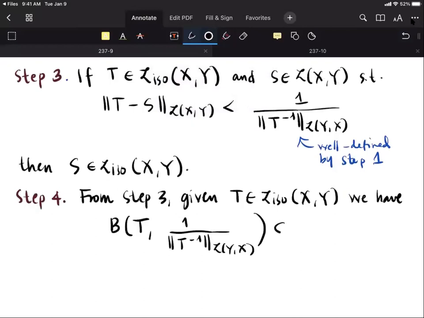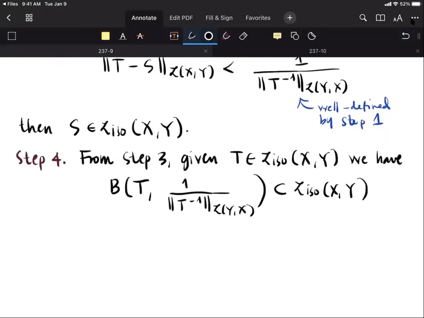So this is a subset of L iso. Therefore, given any point in L iso, you can find a ball centered at that point in L iso as well.